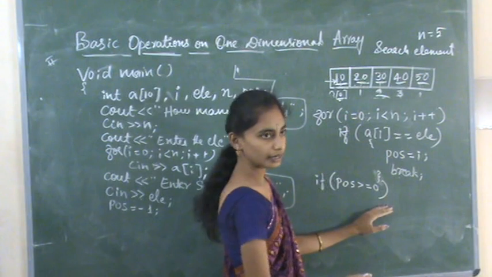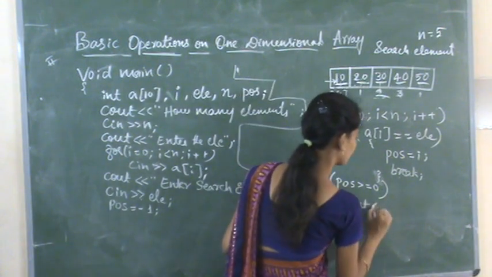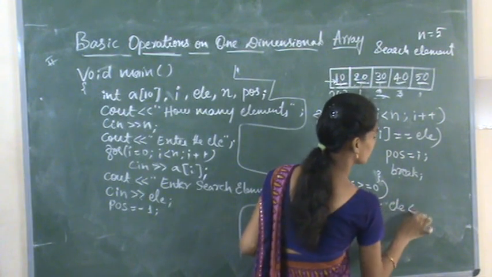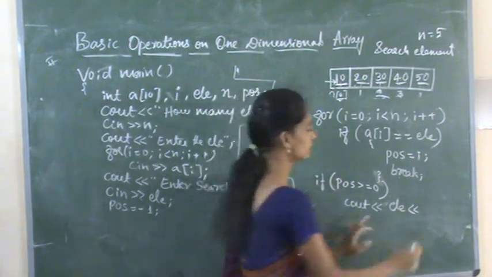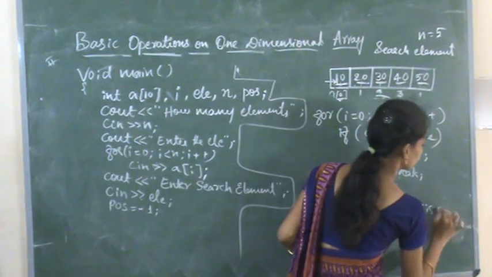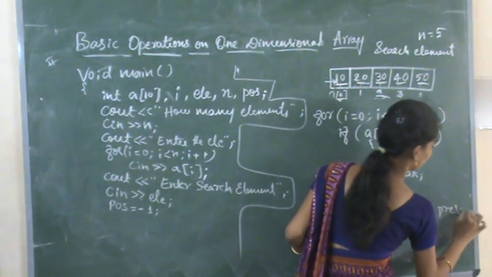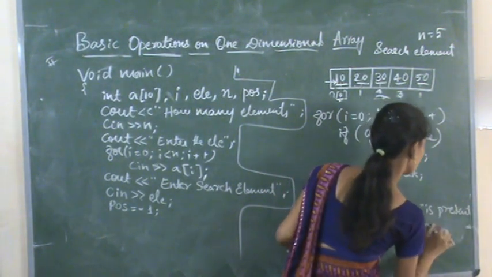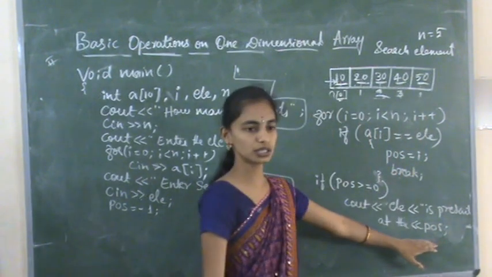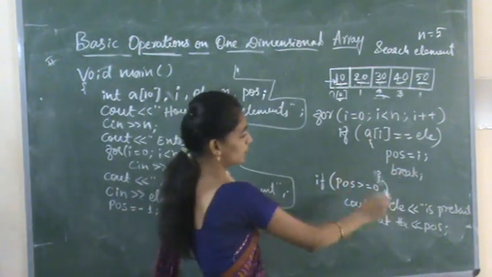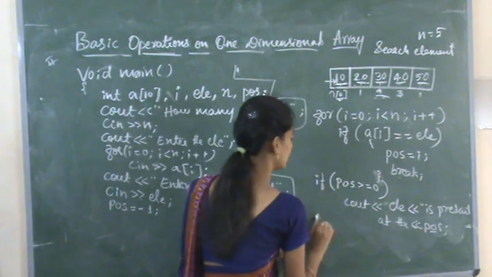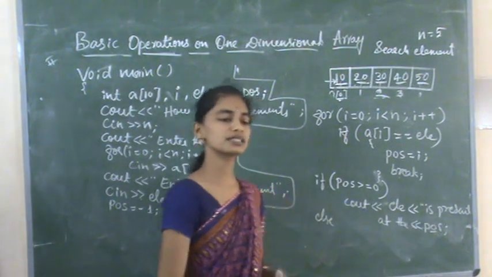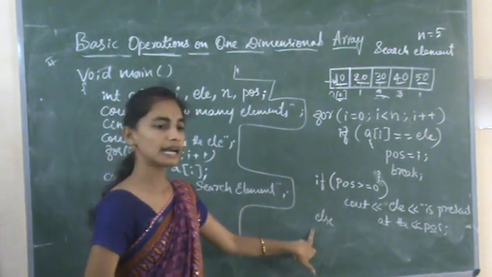If it is greater, we need to print with cout: the element ELE, meaning the searching element, is present at the POS, meaning the position where it is. That will be displayed here. Else, cout: the search element is not present. Then getch.